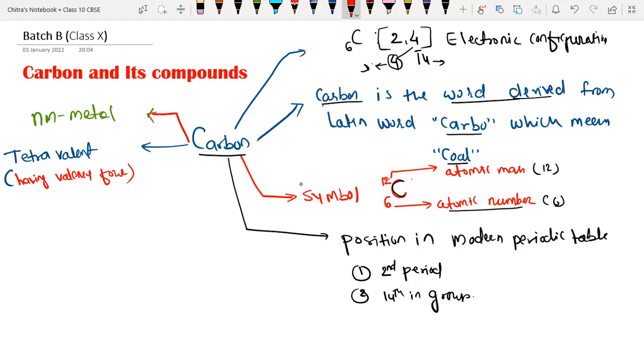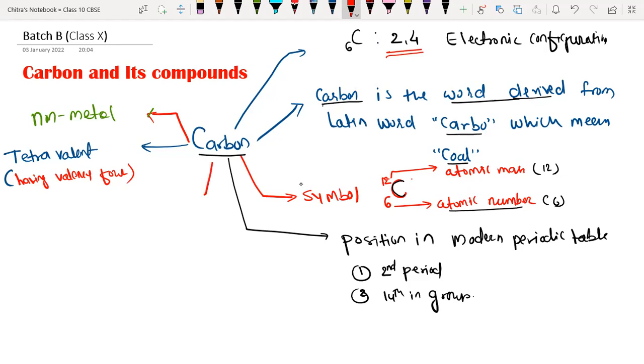But in carbon, we have only 4 electrons in its outermost shell. That means it requires 4 more electrons to acquire stability. So its valency will be 4. Understood, everyone? Yes, sir.